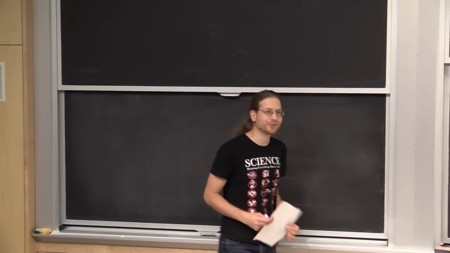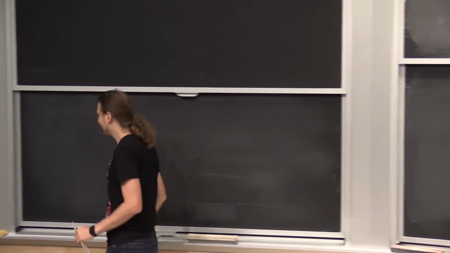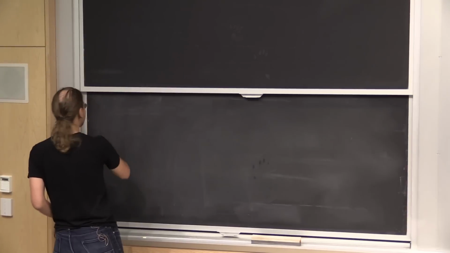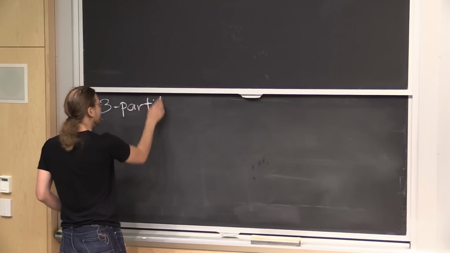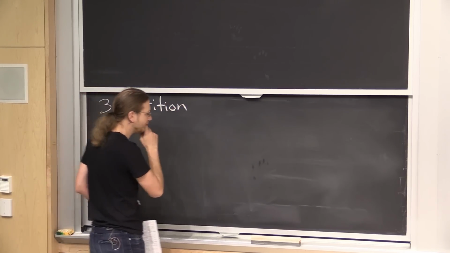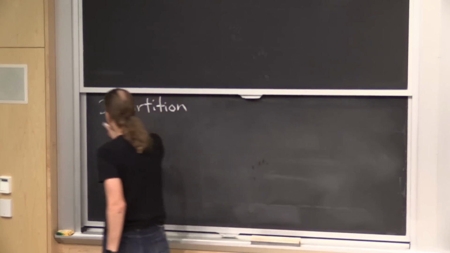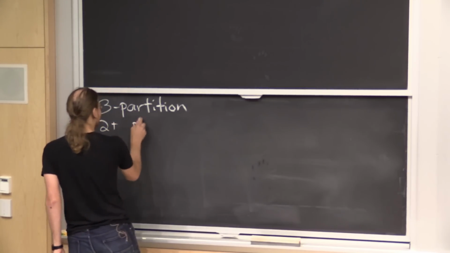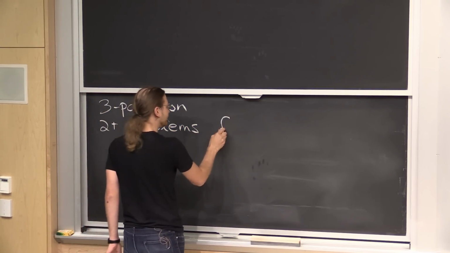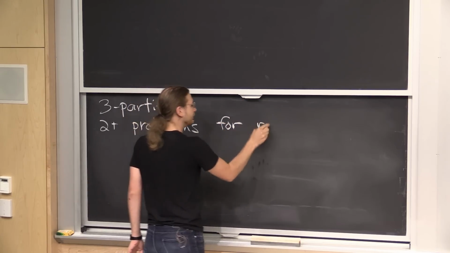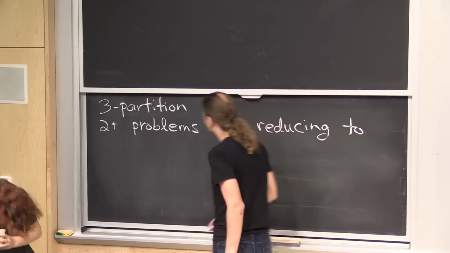All right, you guys ready for some more hardness proofs? Yeah. Let's do it. So today we start the universe of three-partition. And in general, we're going to see today problems which are useful for dealing with numbers, for reducing to number problems.